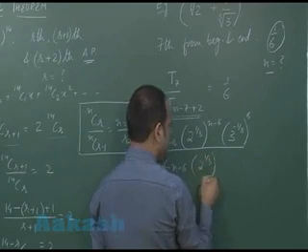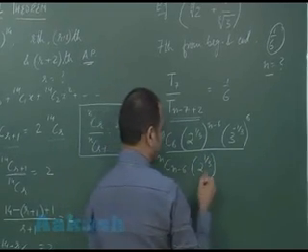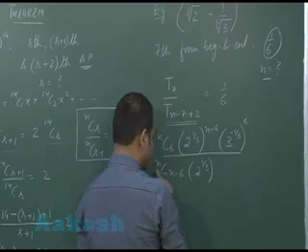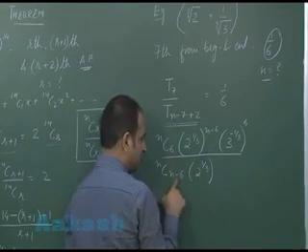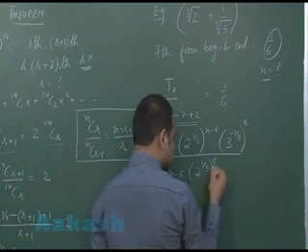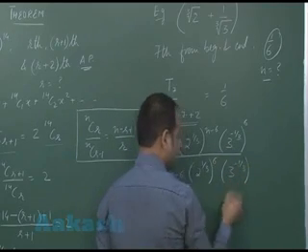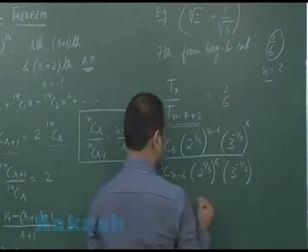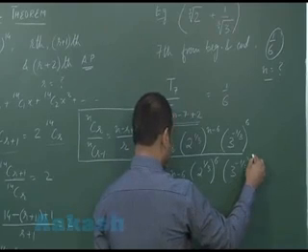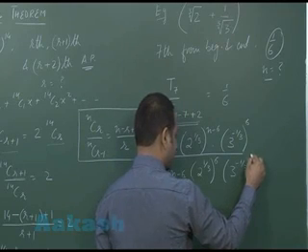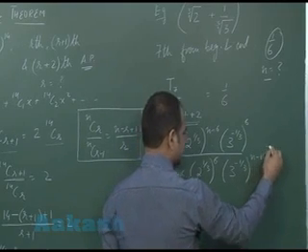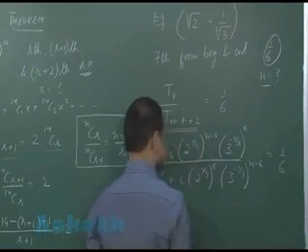whole raised to the power, again it is this minus this, that is n minus r, which is n minus 6 here, and 3 raised to the power minus 1 by 3 whole raised to the power, again this will be equal to n minus 6, and this is equal to 1 by 6.